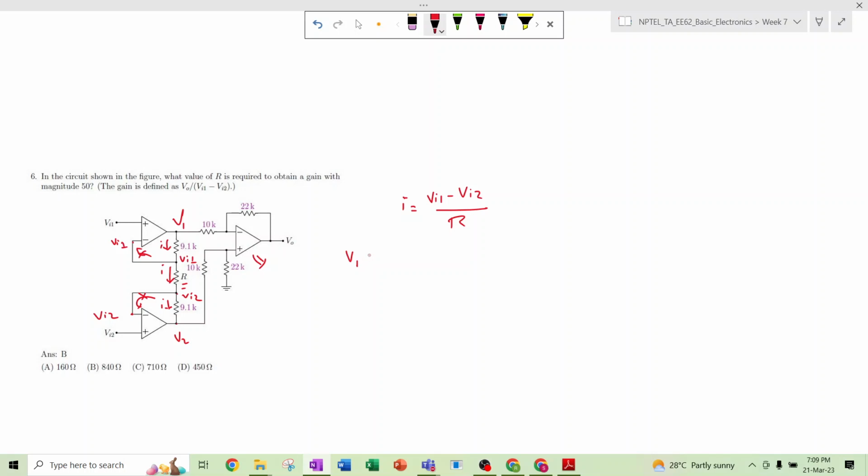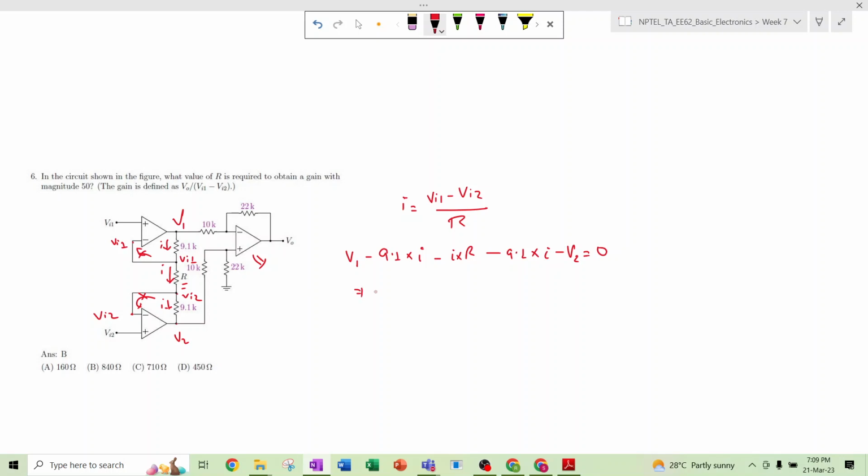Okay, so V1 minus 9.1 k into I, means this thing into I. Let me write the whole equation: minus this is I into R, minus there should also be 9.1 k into I, minus V2 equal to 0.